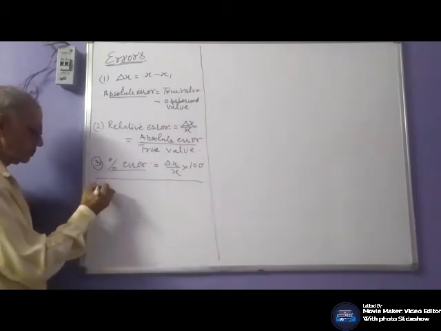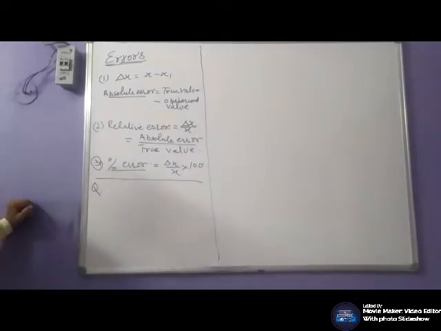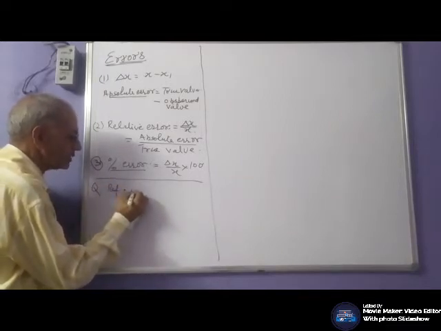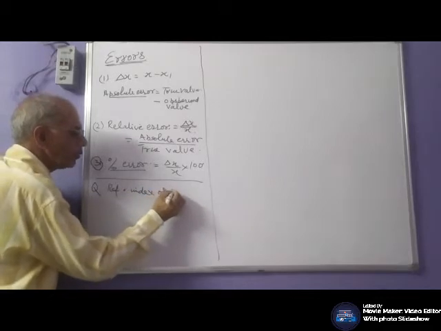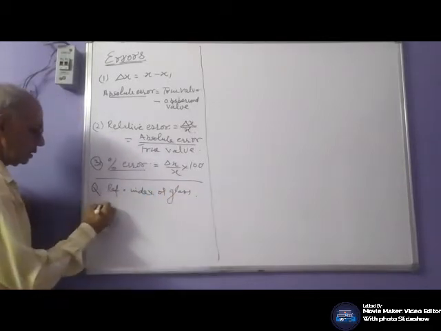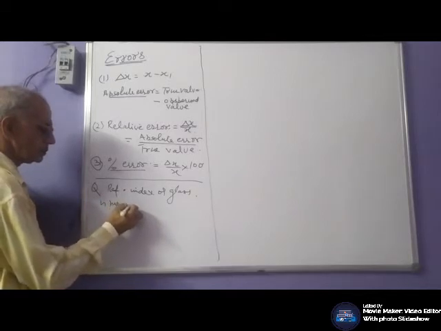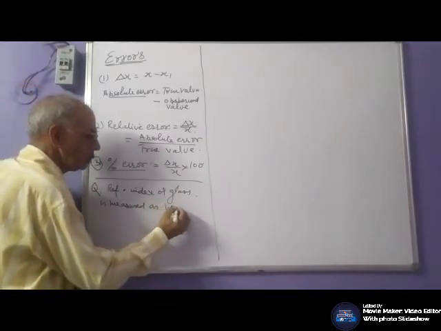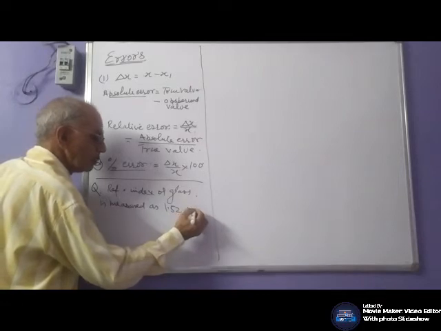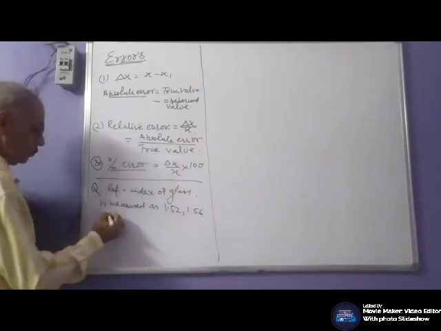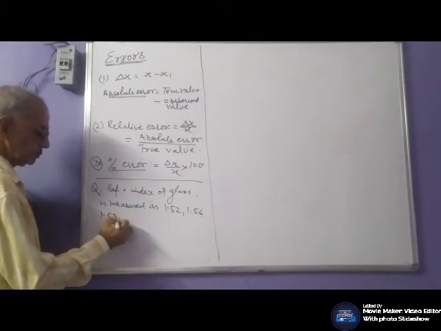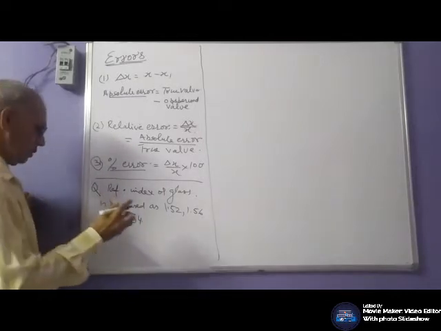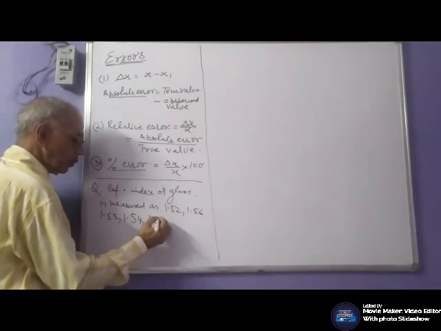Question. Refractive index of glass is measured as 1.5 to, 1.56, 1.53, 1.54, 1.55.